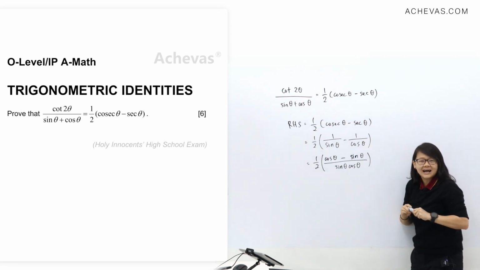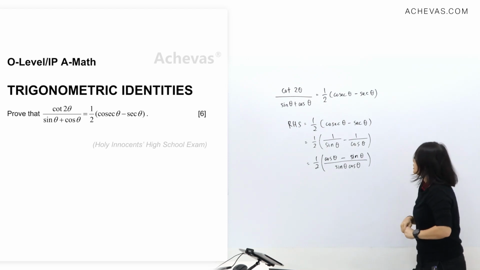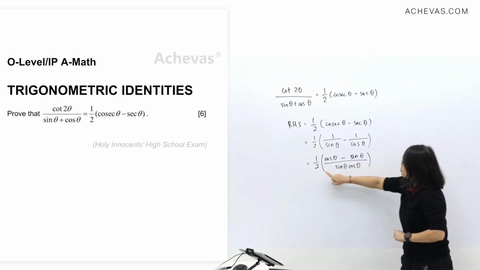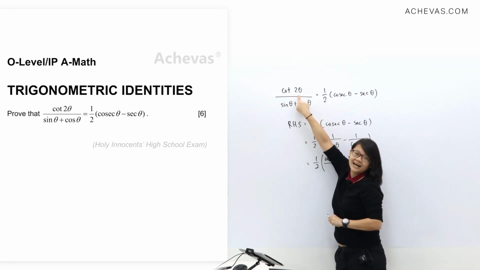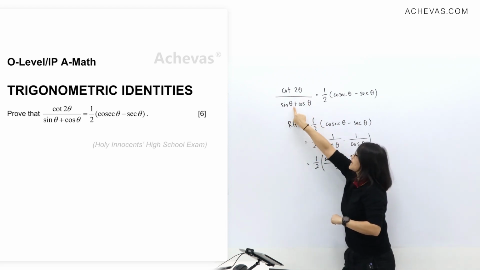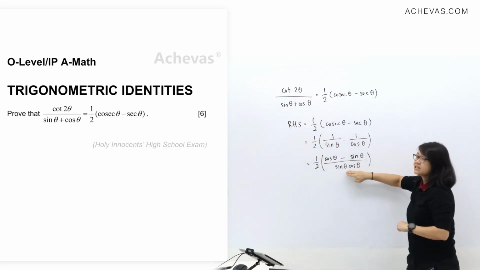Next, I'm going to analyze a bit on the left-hand side. Because I have this sine theta cos theta, with these two I'll get sine 2 theta, which is good because I have this cotangent 2 theta here. I know this one is going to be cos 2 theta over sine 2 theta. Now, I do not have this sine theta plus cos theta at the denominator side.